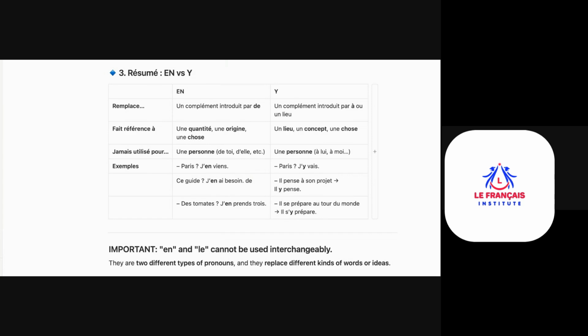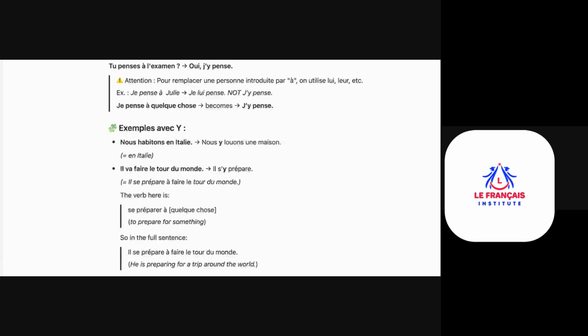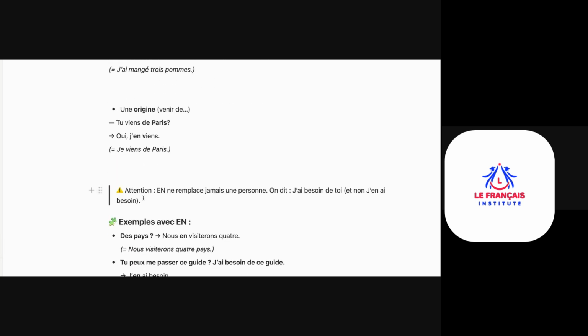Okay. Yes. What is the next part? Jamais utilisé pour une personne. We never use it to talk about a person, as I was mentioning before. So yeah, these are attention sections.